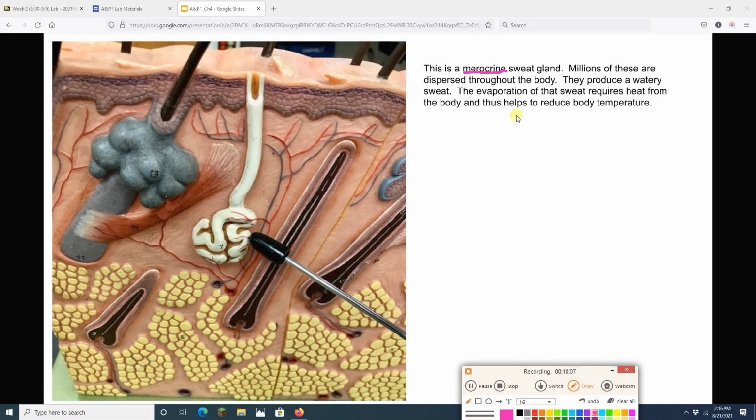So the sweat made by these sweat glands is a watery sweat. It is going to evaporate. Now, in order for water to go from a liquid phase to a gas phase to evaporate, what does that require? That requires heat. And that heat comes from your body. So when heat is leaving your body, as the water vapor disperses away, that is going to reduce your body temp.